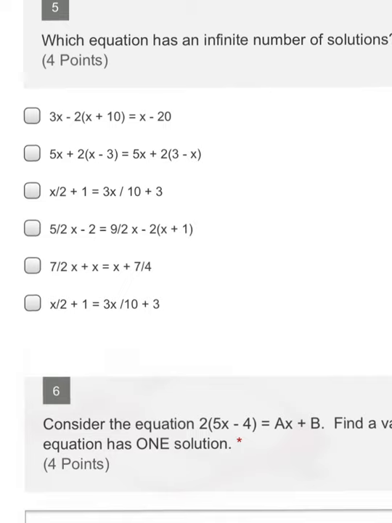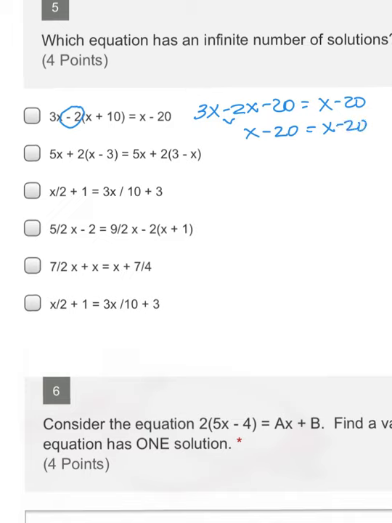For number 5, we want to know which one of these are infinite solutions. So remember, infinite solutions, you're going to have variables that eliminate and you're going to be left with a true statement. So for the first one, I see I have to distribute that negative 2, and that's going to leave me with 3x minus 2x minus 20 is equal to x minus 20. When I combine like terms, I end up with x minus 20 on the left, and I have x minus 20 on the right.